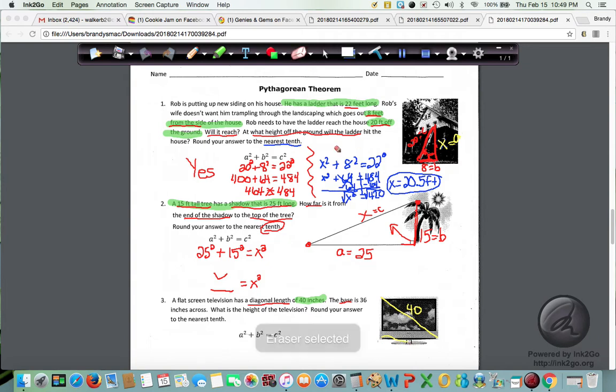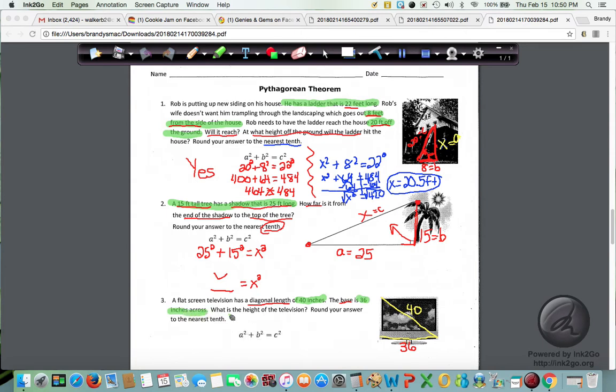Wow, that was crooked. Let's try that again. Okay, so the base, that's a little better. This base right here is going to be 36. So the base is 36 inches across.